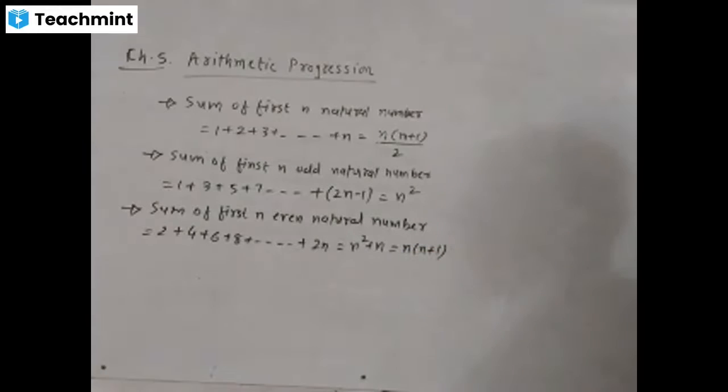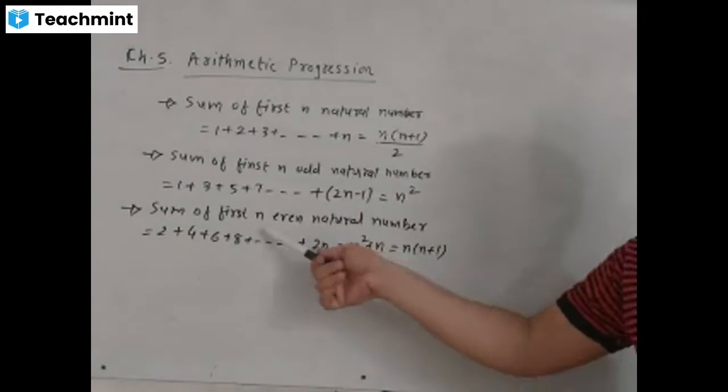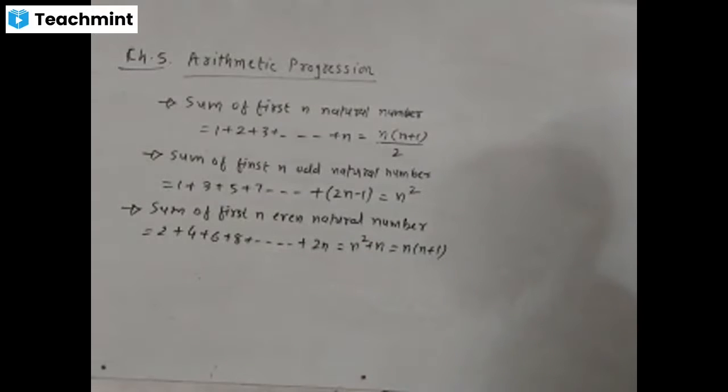Suppose we find the sum of first 10 even natural numbers. That is 10 square plus 10. 10 square is 100, 100 plus 10 is equal to 110. Otherwise 10 into 10 plus 1, 10 into 11 is equal to 110.